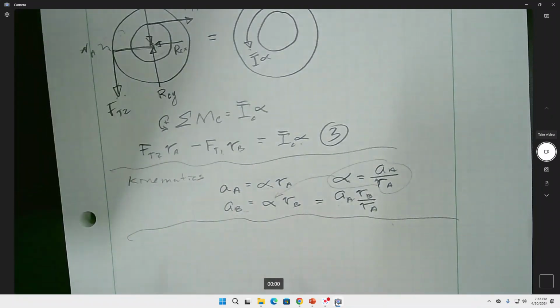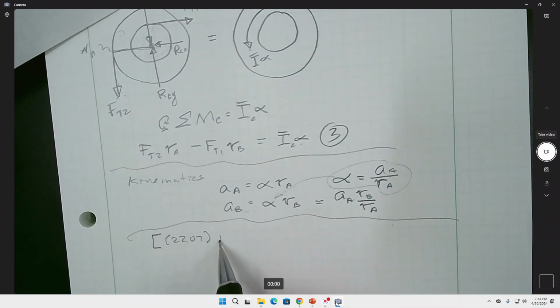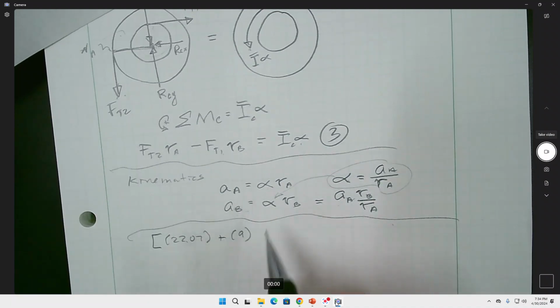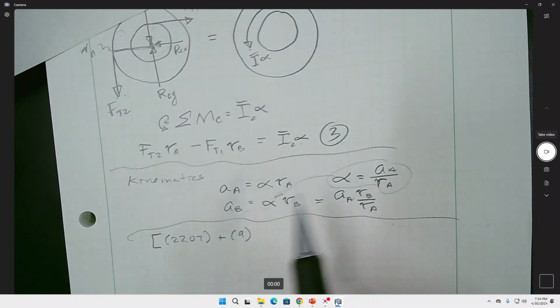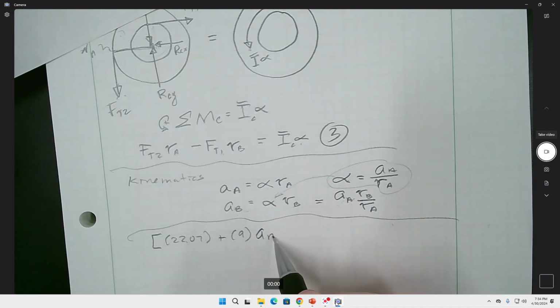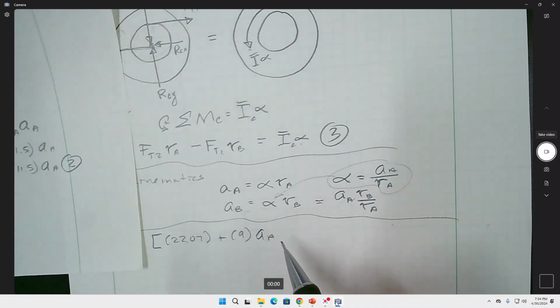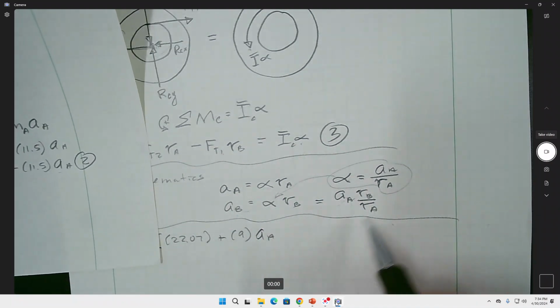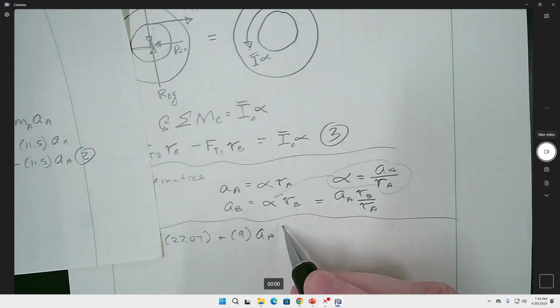I put in my FT1, which is going to be 22.07 plus 9 AA. Nope, AB. So instead of AB, I put in AA times RB over RA. If I wanted to save myself a little time, I could use millimeters for both of those instead of meters, but let's stick with meters because that's how we started.